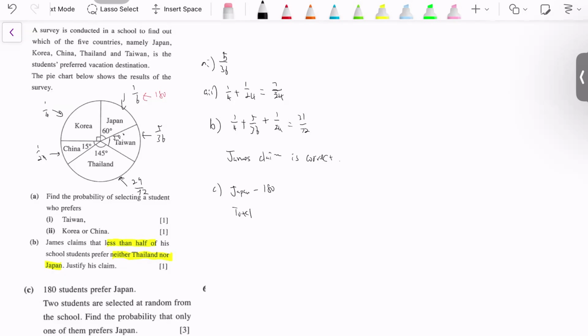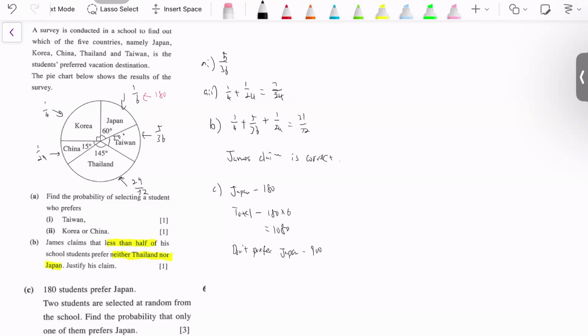Our total is 180 multiplied by 6, which is 1080. So those who don't prefer Japan is 900. So 900 people don't prefer Japan, 180 people prefer Japan.